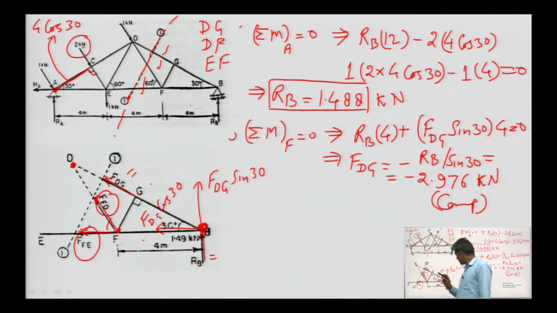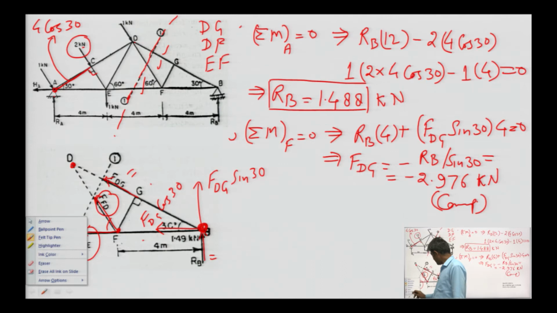The force R_B, and F_DG sin 30 and F_DG cos 30, are also passing through point B. Therefore, there is only one force, F_D. That is why if we equate the bending moment at point B, the value will be 0, because there is only one force.